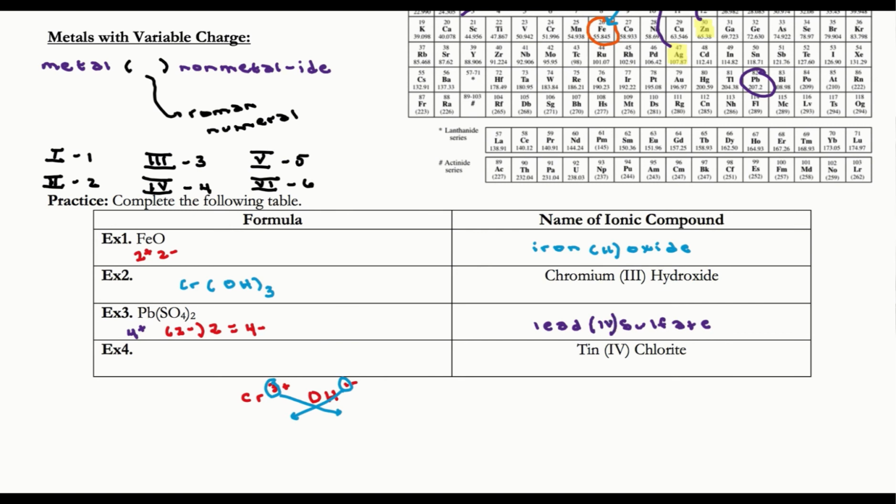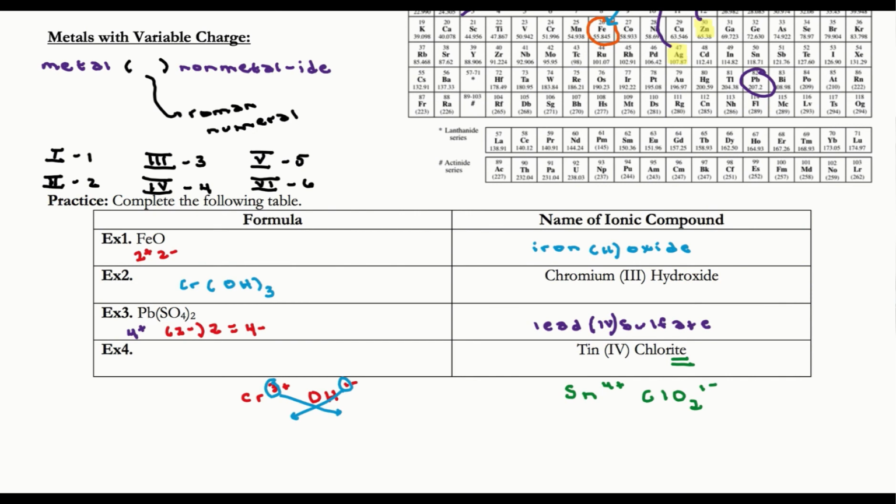Okay, and that's the name. Let's look at the last one. Tin(IV) chlorite. Okay, so tin, I'm telling you in the name, it has a 4+ charge. Okay, chlorite, notice it's an ITE ending, and so that's going to be one of my polyatomic ions. So chlorite is ClO2, and it has a 1- charge.